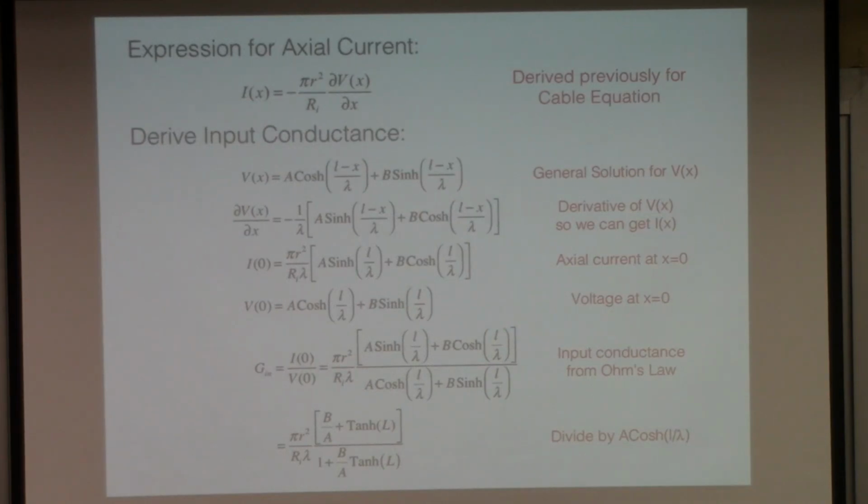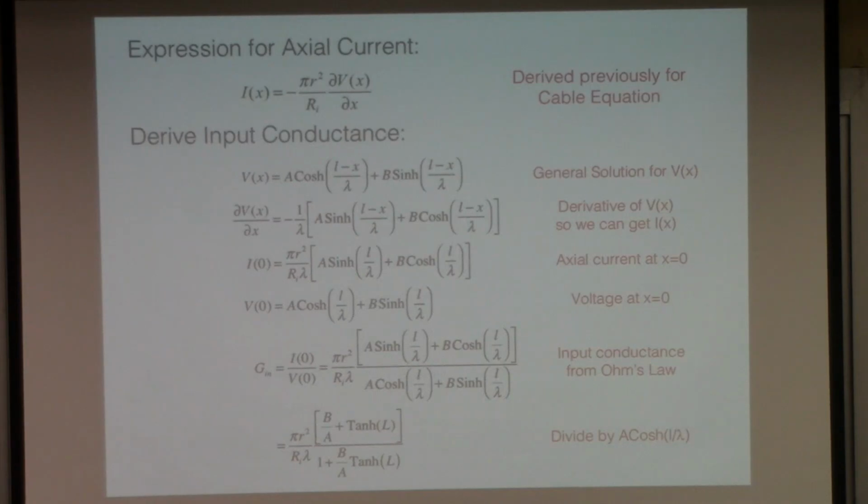I'm back into real space parameters. So little l divided by lambda, that's the capital L in the previous formula, right? And little x divided by lambda, that's capital X. I'm back to working in the real physical space dimension here for a moment. So that's V of x. We're going to take the partial derivative of V of x with respect to x. So that's what it is.